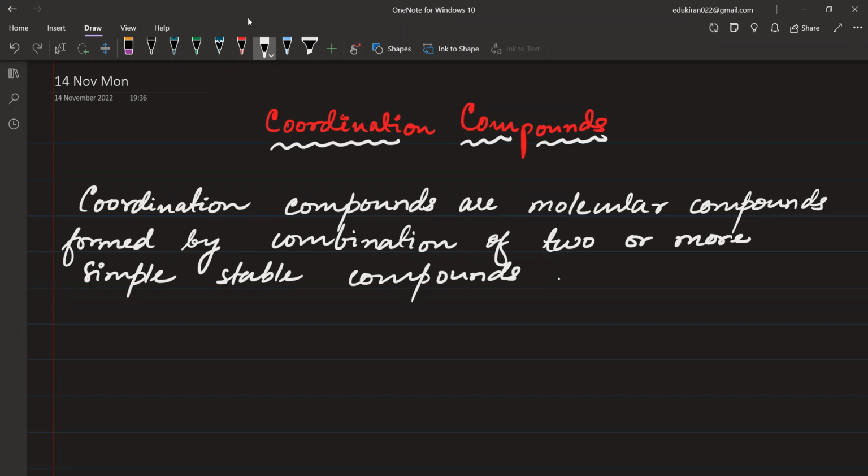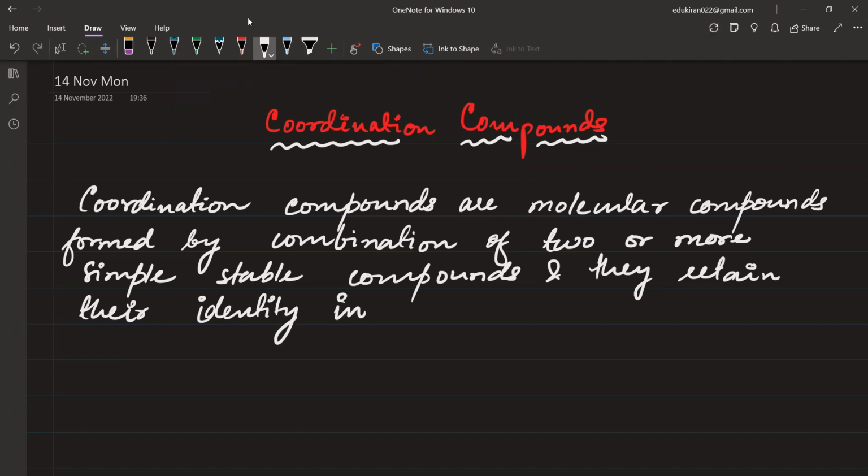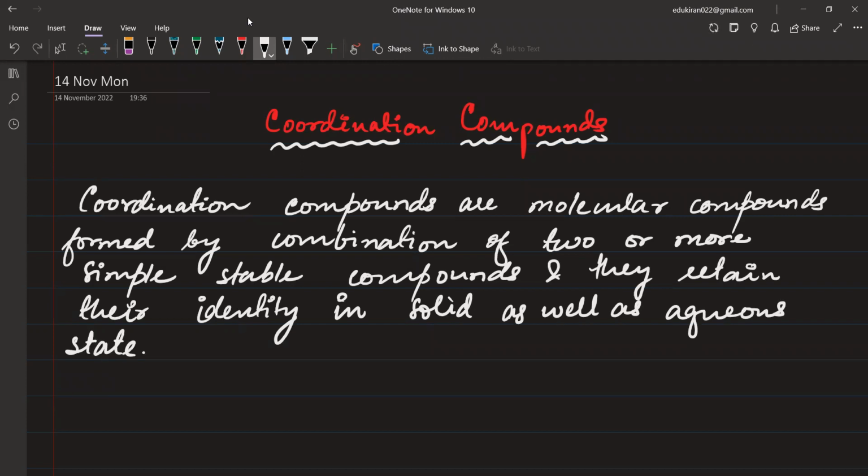And they retain their identity in solid as well as aqueous state. You can also write in bracket dissolved state.